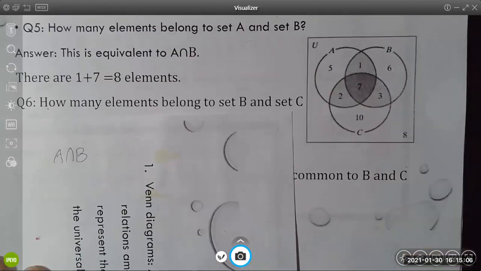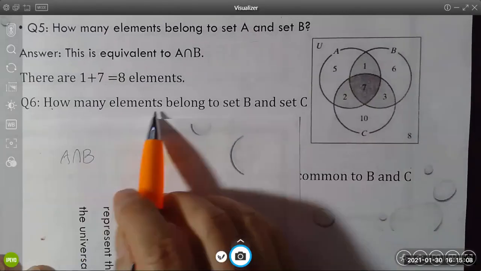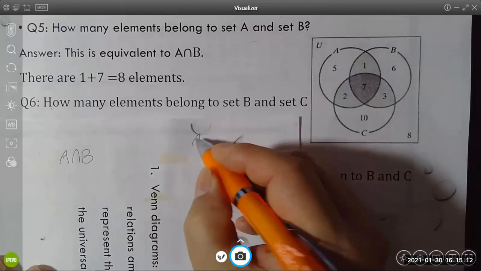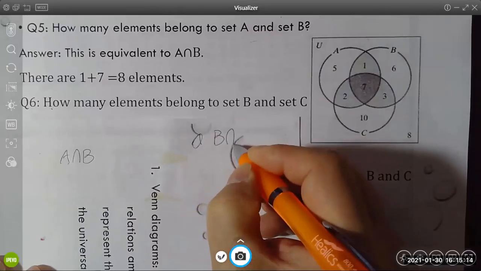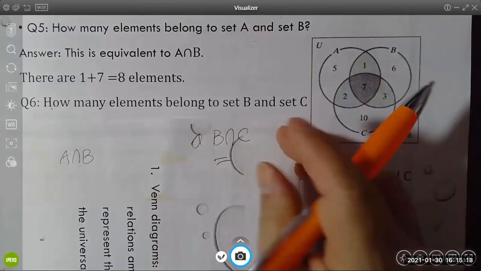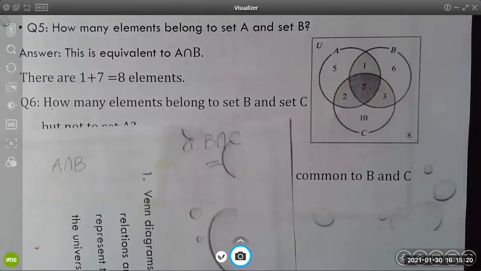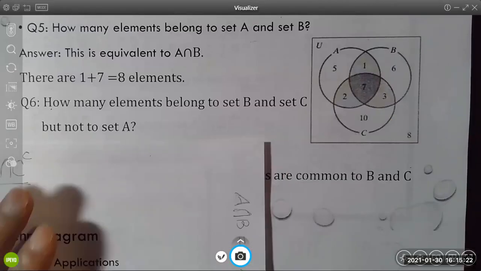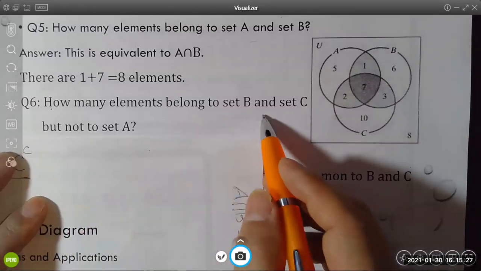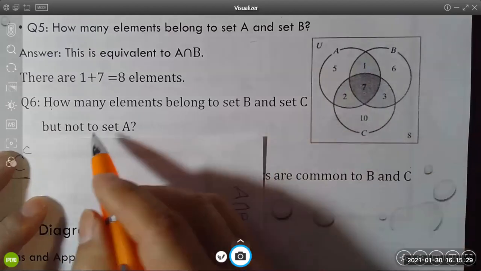Now question number 6. How many elements belong to set B and set C, but not to set A?